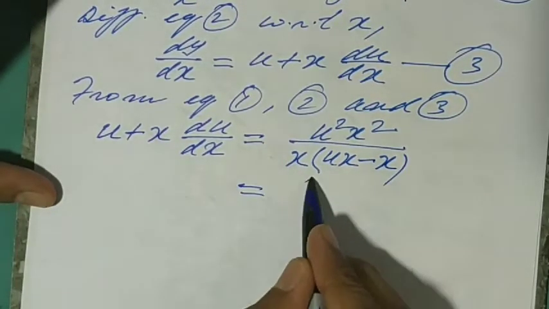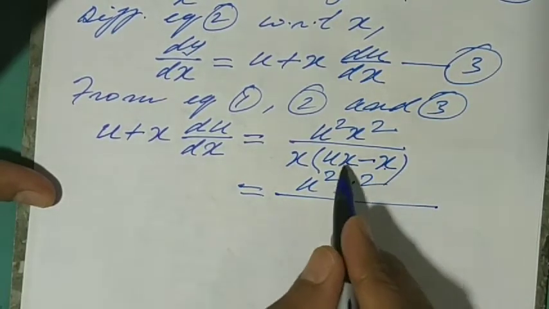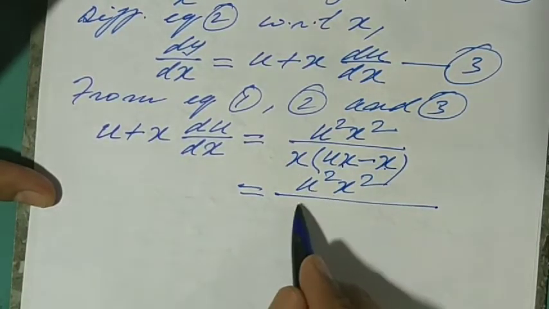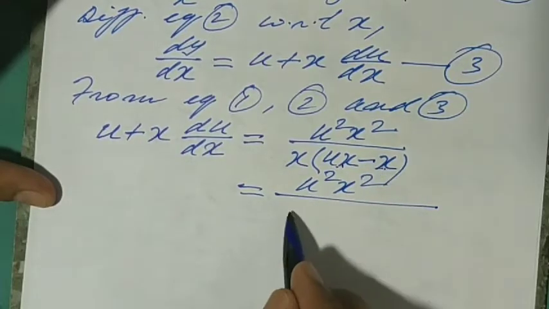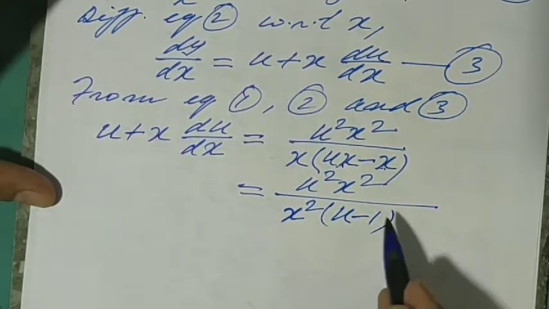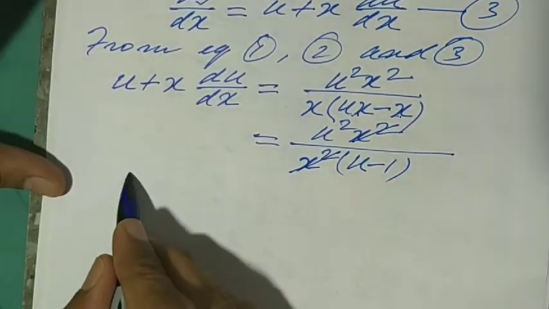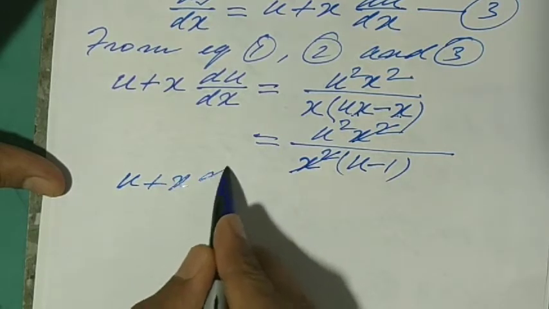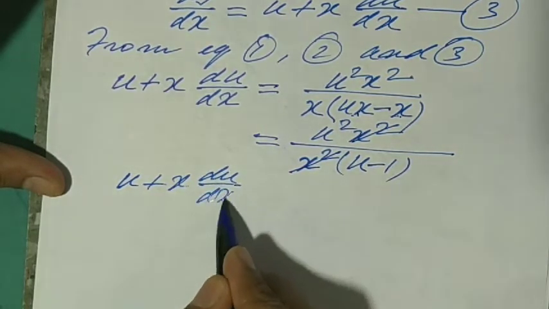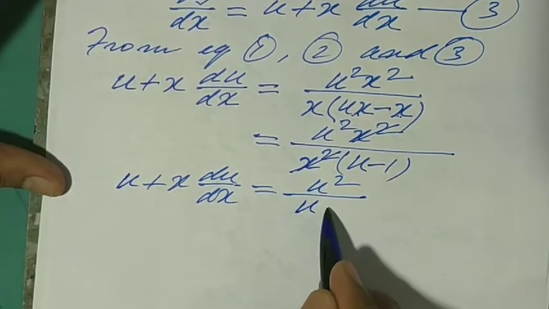So u square x square upon, here x is common, so we should take x common out of these two terms. So outside there will be x square, inside u minus 1. This x square will cancel this x square, and we get u plus x du upon dx is equal to u square upon u minus 1.